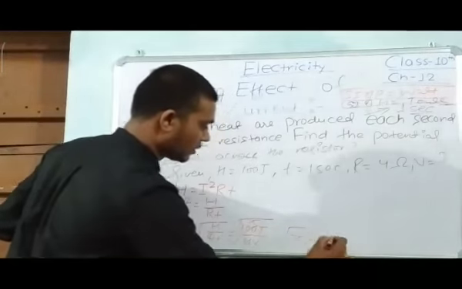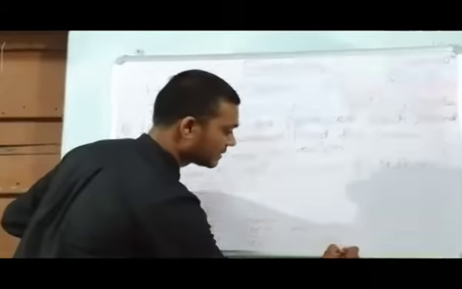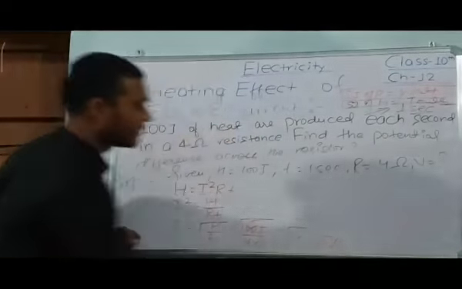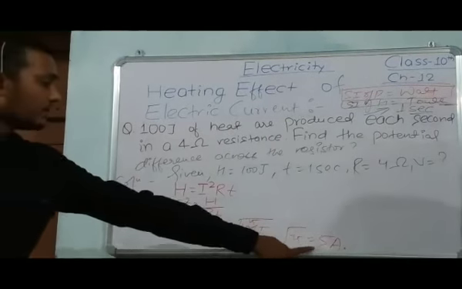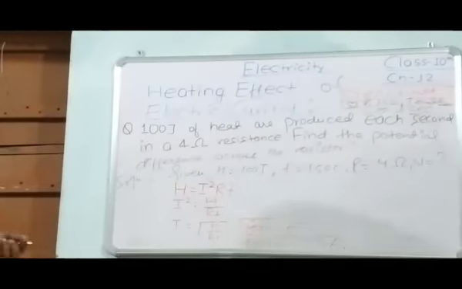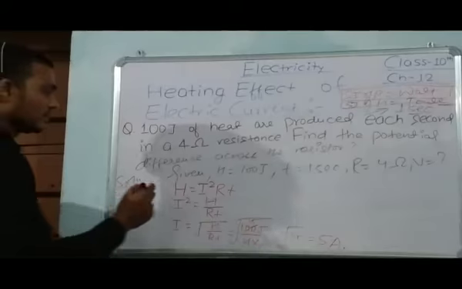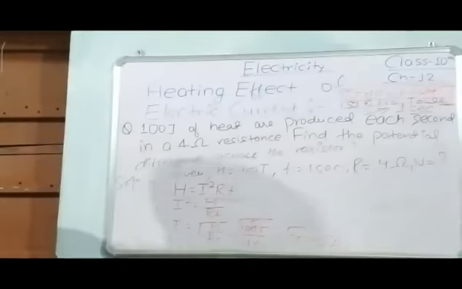So 5 ampere is the current. We can find the value of current, 5 ampere, with the help of this formula: H equals I square RT.